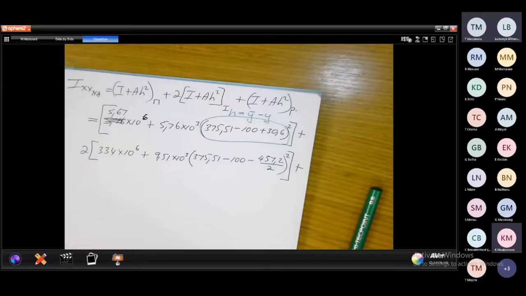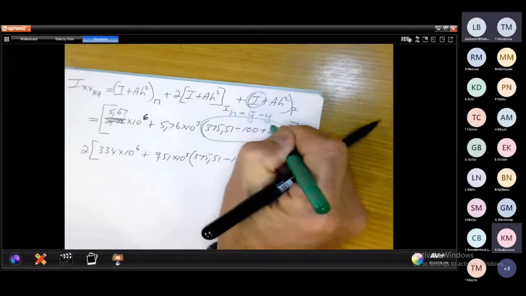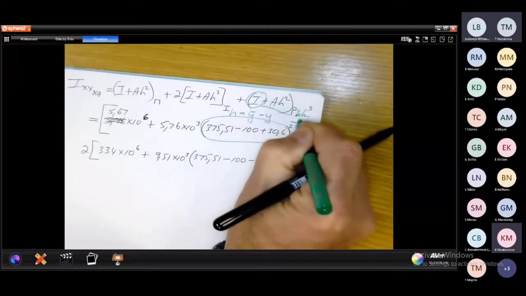Right, everyone happy up to this point? Yes, sir. Okay. Now we're coming to the plate. Now we know for the plate, we cannot read it from the tables, that is BH cubed over 12.